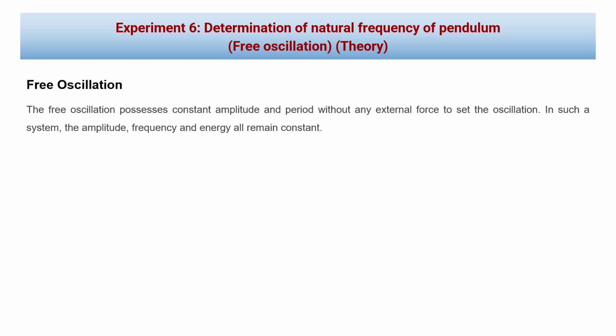One is free oscillation, another is damped oscillation, third one is forced oscillation. So first let's understand what free oscillation is. Free oscillation possesses constant amplitude and period without any external force to set the oscillation. In such a system, amplitude, frequency and energy all remain constant.